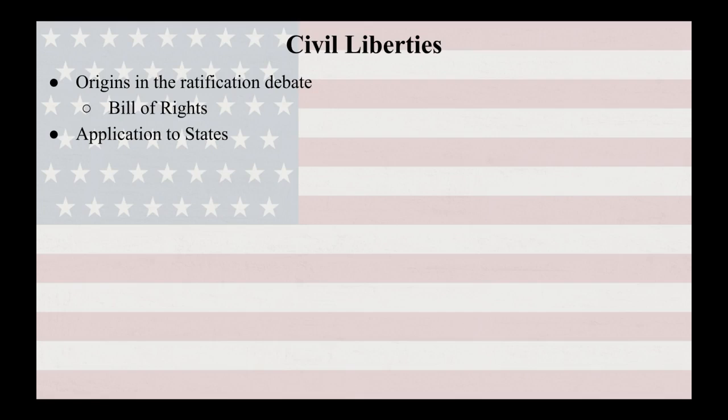So, as I said, it appears to create an inclusive society, but this is really not how the Supreme Court will interpret the 14th Amendment for about another 100 years.